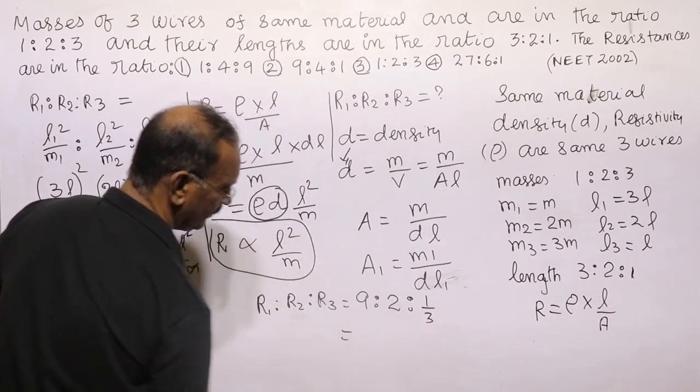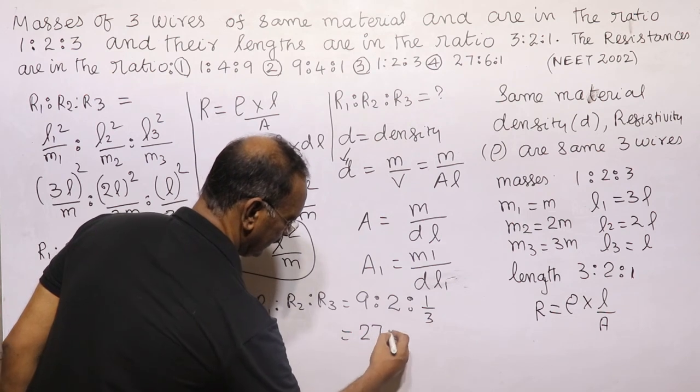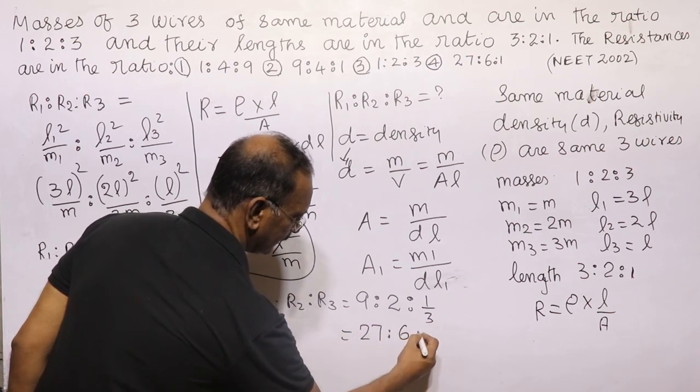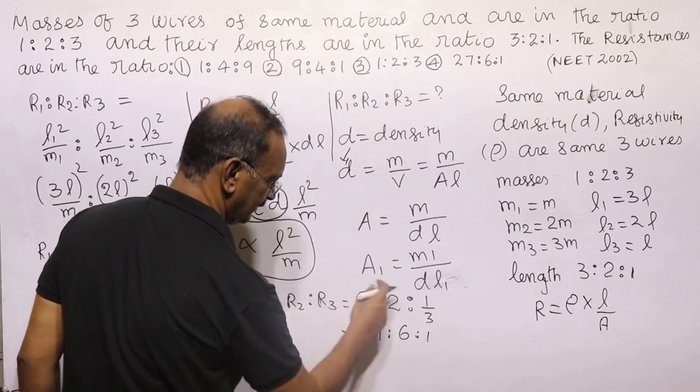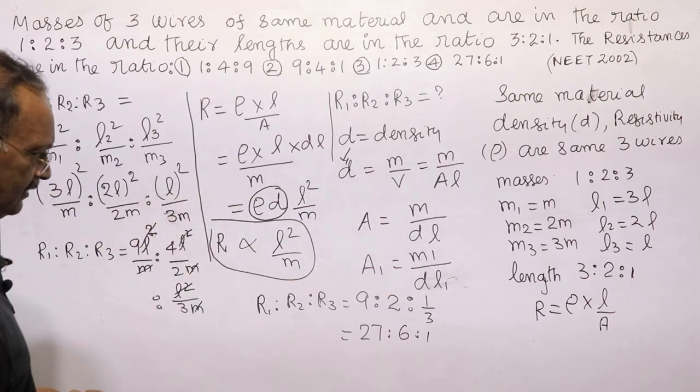If we multiply by 3, 9 into 3 is 27, is to 2 into 3 is 6, is to 1. So 27 is to 6 is to 1.